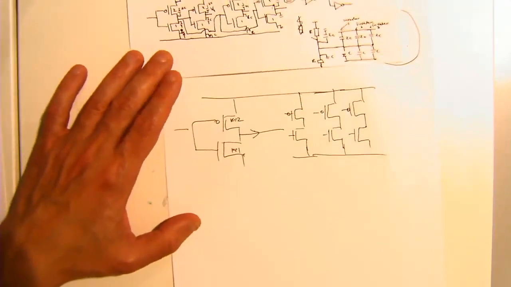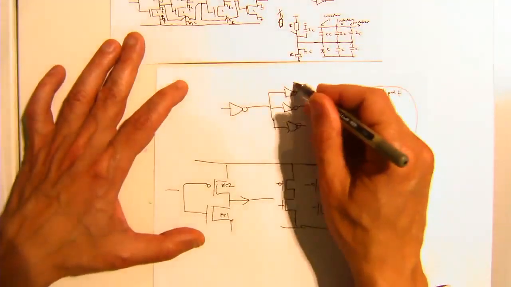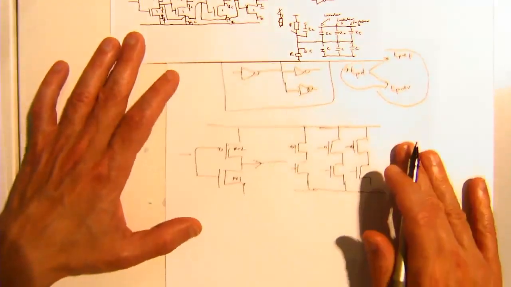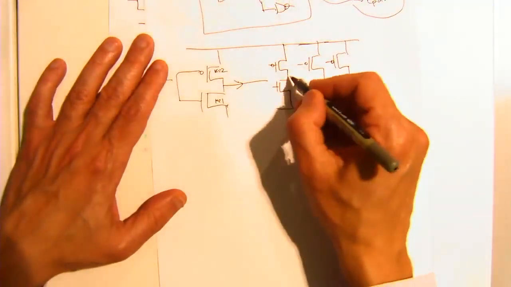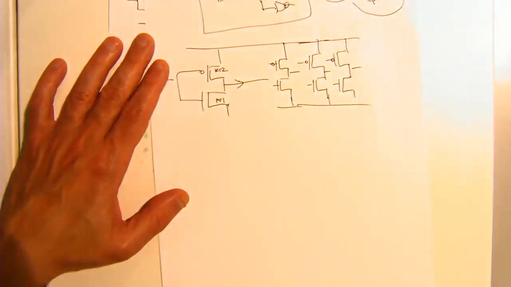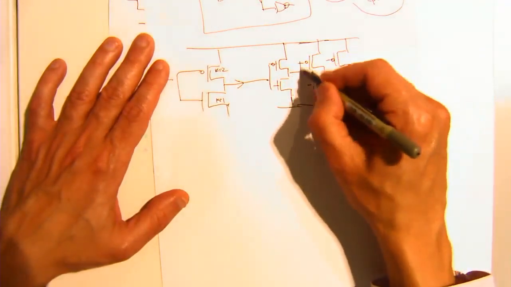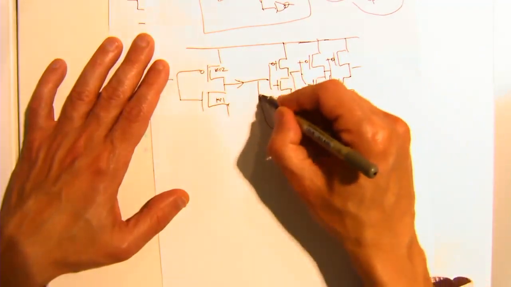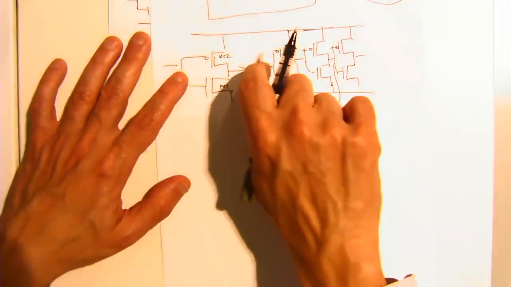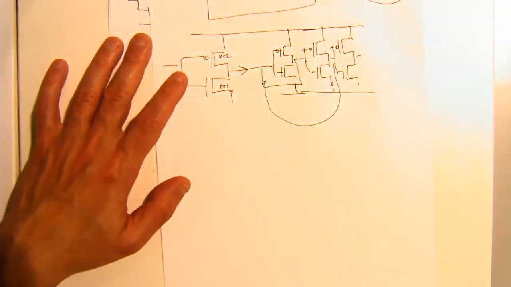So how I am doing this is connecting that, and connecting that to there, that to there. All right, perfect. How much capacitance does this node see?